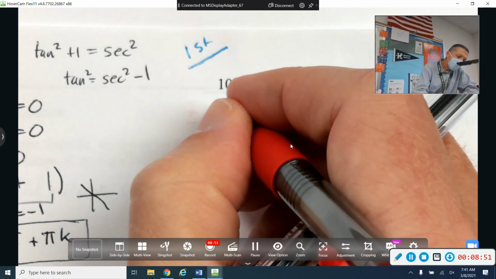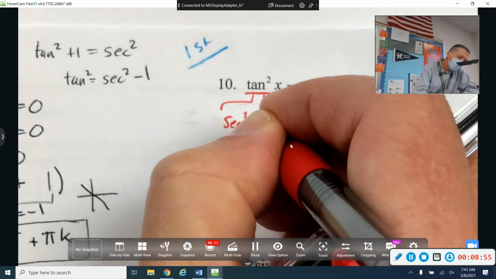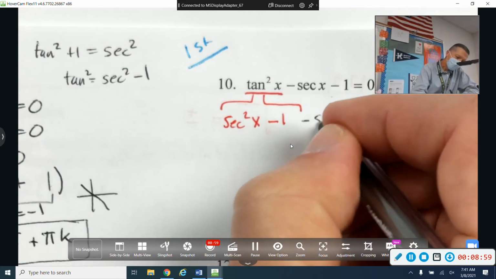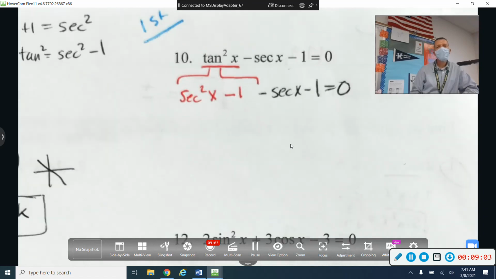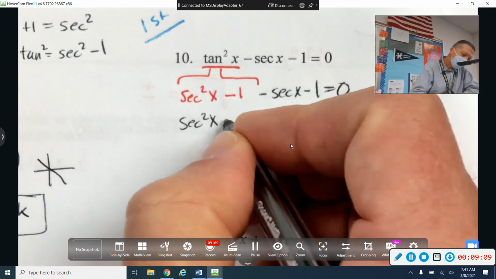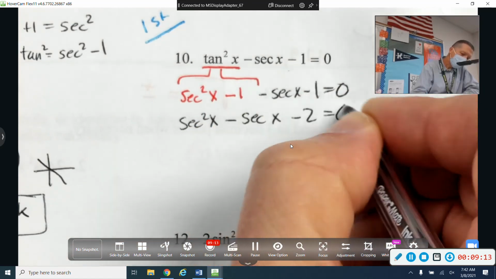So in place of tangent squared, we'll put secant squared x minus 1. Everything else stays the same. So secant squared x minus secant of x minus 2 equals 0.